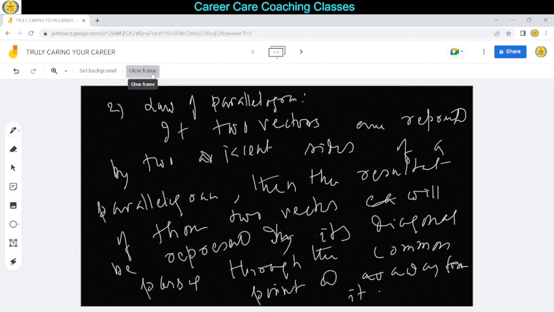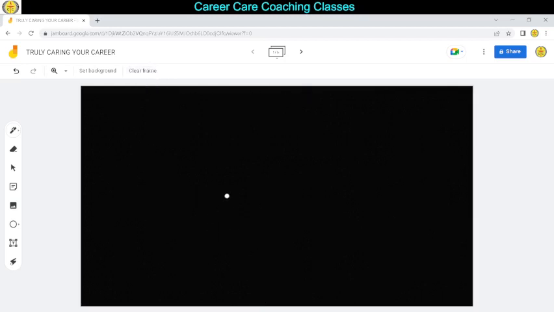How can we explain it graphically? Suppose this is a vector A and this is a vector B. If we draw a parallelogram using those two vectors, we take a parallelogram like this, passing through the common point.